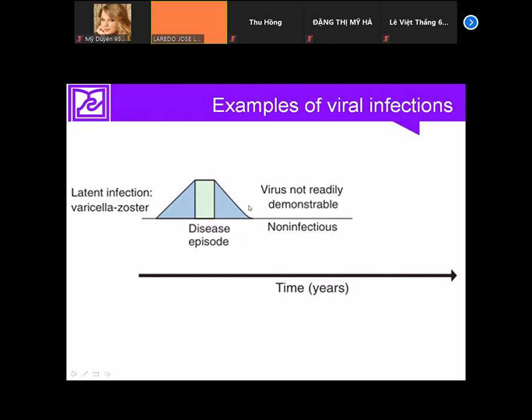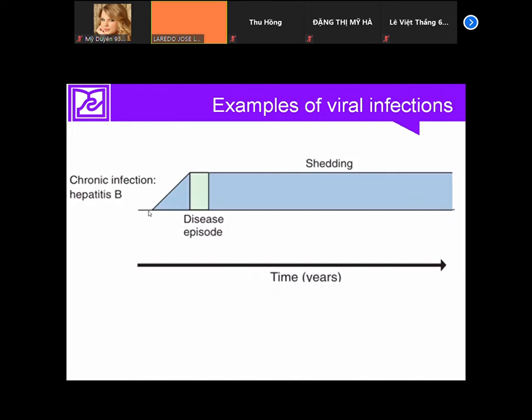The virus becomes inactive, usually forever. And one day, the virus reactivates again and causes a disease again. This is the typical example of a latent infection that reactivates later, varicella zoster. And this is a chronic infection, for example, hepatitis B.